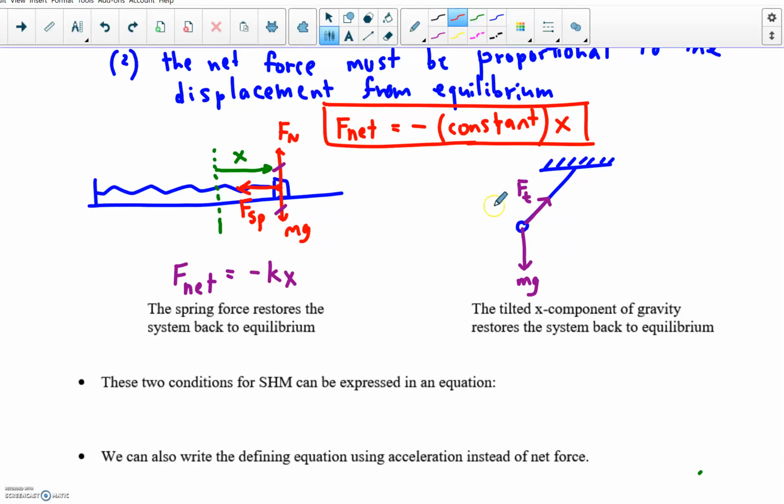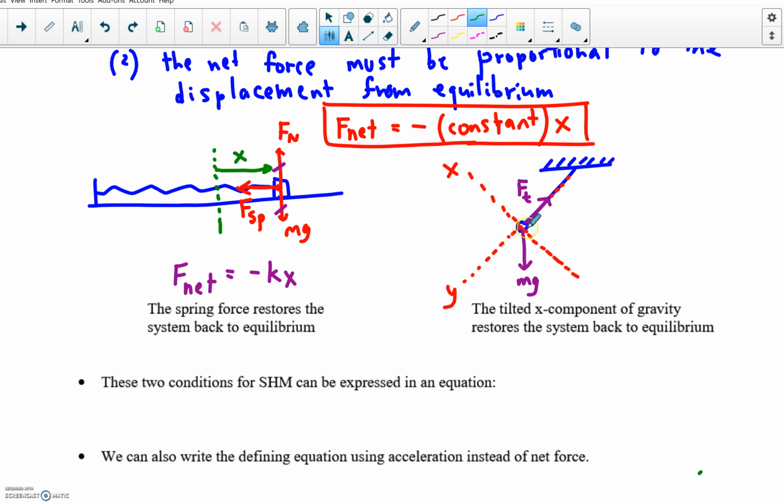Now we have to be careful this time. We're going to use tilted axes, not the normal xy axes. So the tilted y-axis will be along the string, and the tilted x-axis will be perpendicular to the string. There's the x-axis, there's the y. So force of tension, that's on the y-axis. I don't need components.